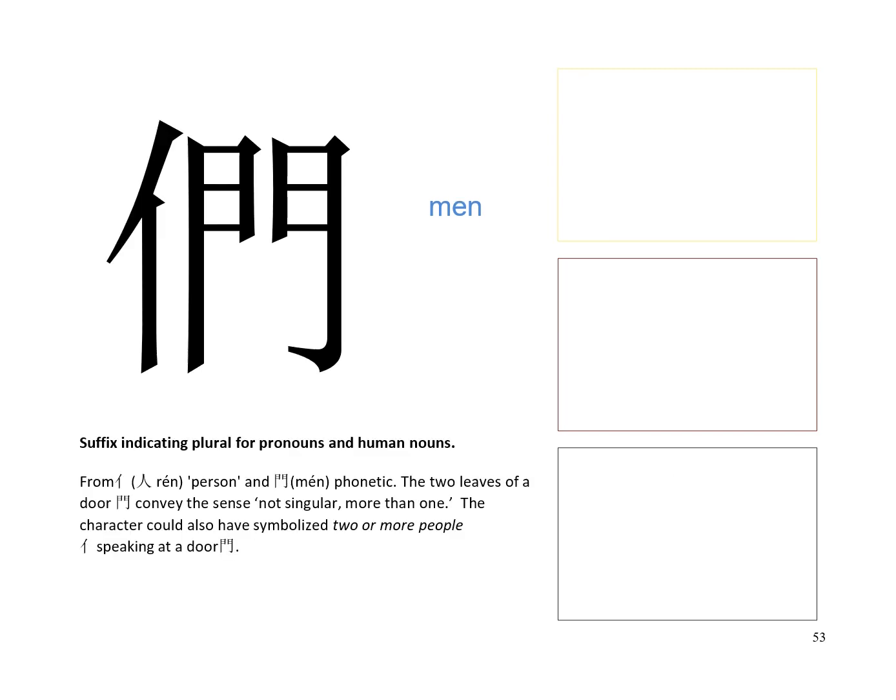This is a form used to indicate plural for pronouns and human nouns. So think of people interacting at a gate. There is more than one person. An idea of interaction, more than one individual being present. Men. A door being a space of interacting with the world. You can also think of the door as having two leaves, so a sense of interaction.